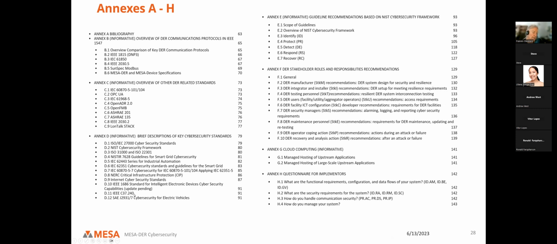So I think this could be of interest if you just want to understand what a particular cybersecurity standard is all about. And then we also have an expansion of the NIST cybersecurity framework to really show how it might be used.